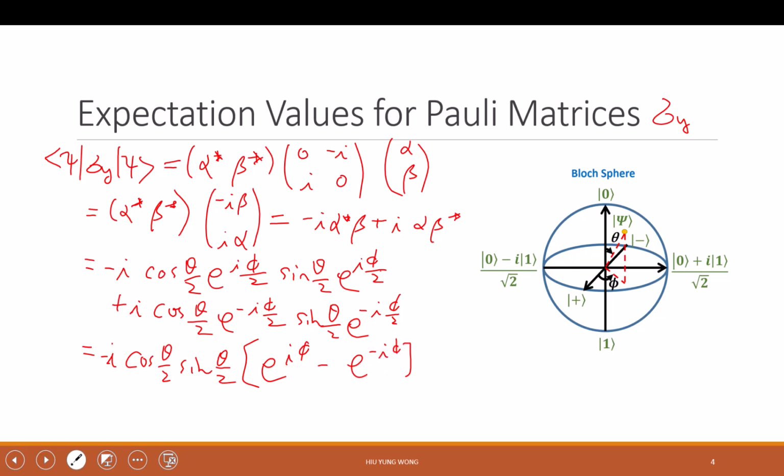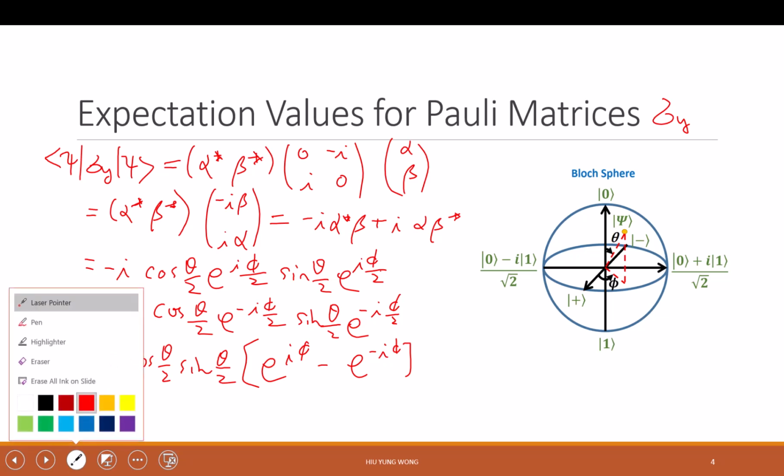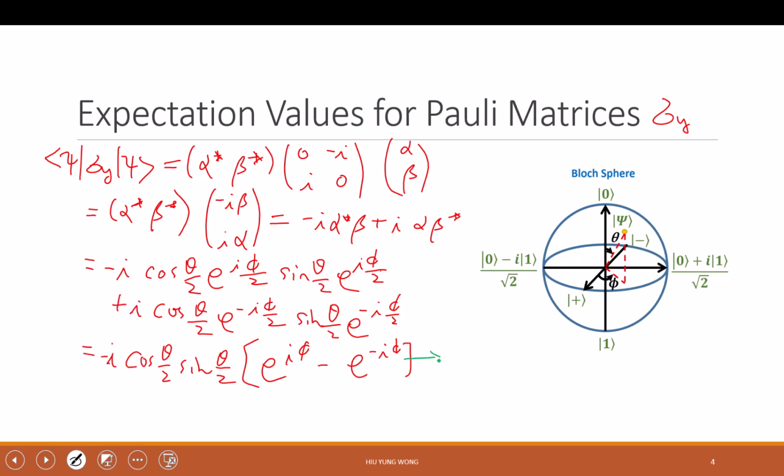So what is this? If you forgot again, just expand it. Cosine phi plus i sine phi, minus the whole thing: cosine phi, it was minus i sine phi, but it becomes i sine phi. Right? So this is equal to 2i sine phi.